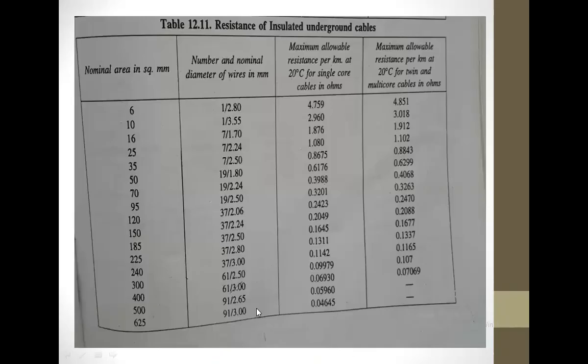Now we will see the table for resistance. This column is for single core, this column is for multi core. We selected a 3-core cable, so we will refer to the multi core column. And the size selected is 70.